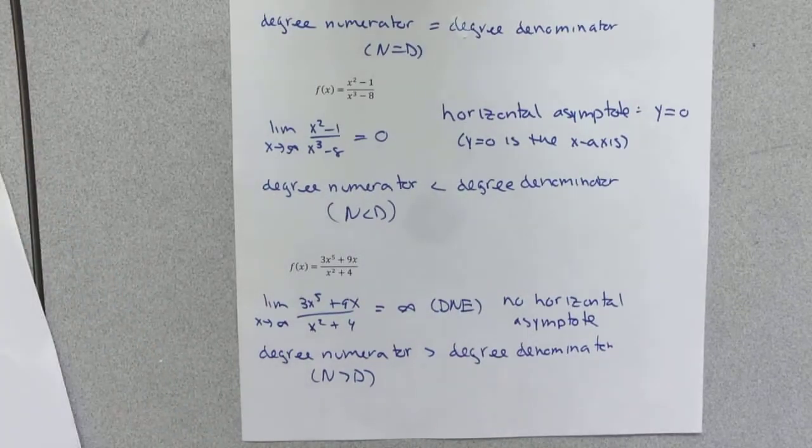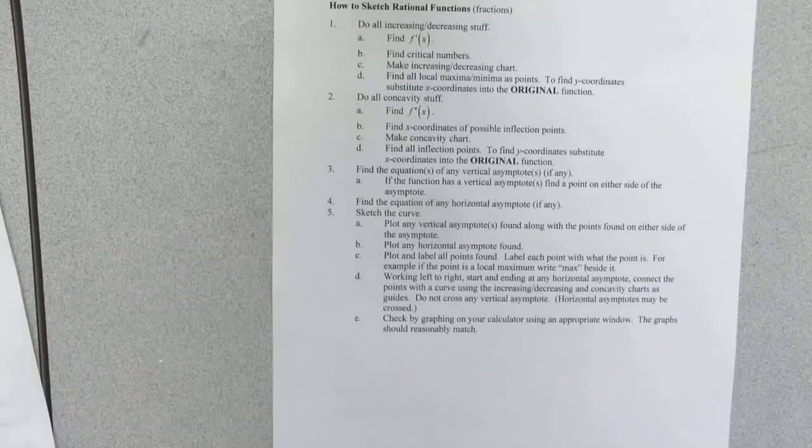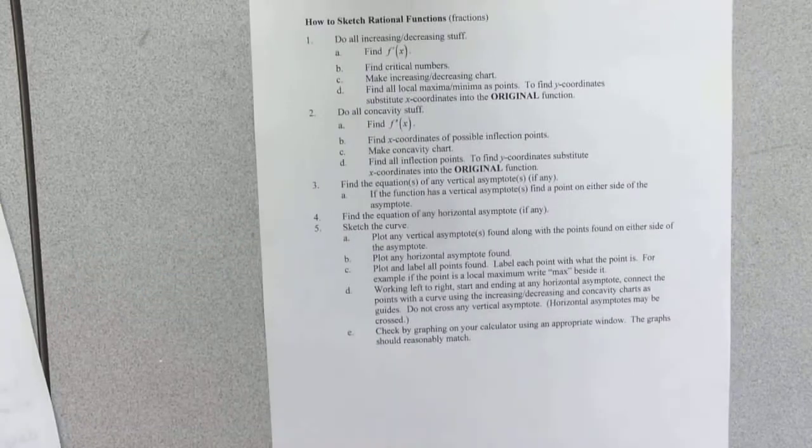Okay, we are now ready to sketch rational functions. So, how to sketch rational functions. You're going to do all your increasing, decreasing stuff, just like we did before. You're going to do all your concavity stuff, just like you did before. But now that we're doing rational functions, fractions, that opens up the door for asymptotes.